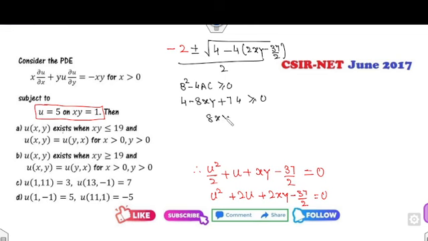That means 8xy is less than or equal to 78. Fine. So what is the meaning of that? xy will be less than or equal to 78 by 8. Is it true? Calculation, we can check it quickly. So 4 into 37, so what will happen is 39 by 4.